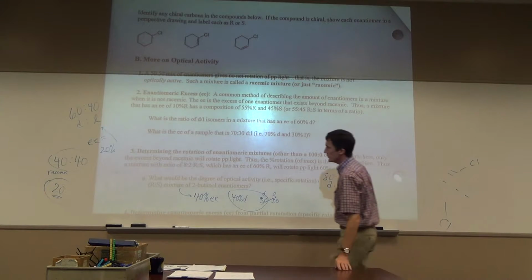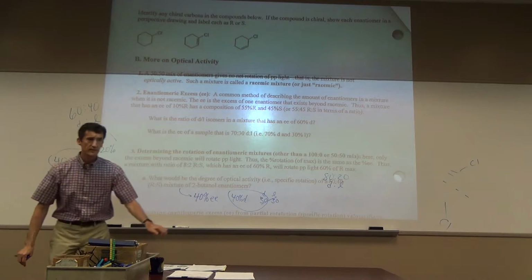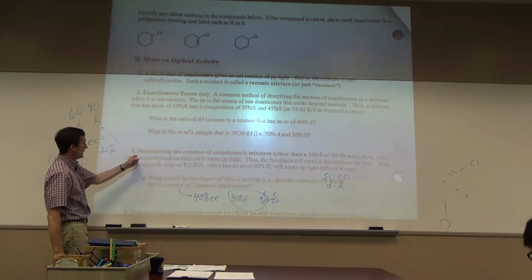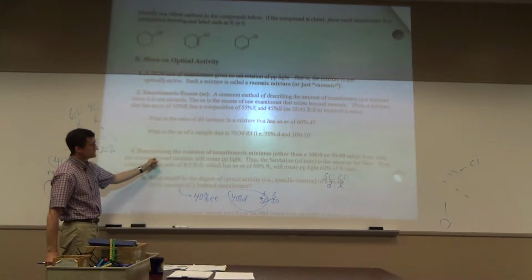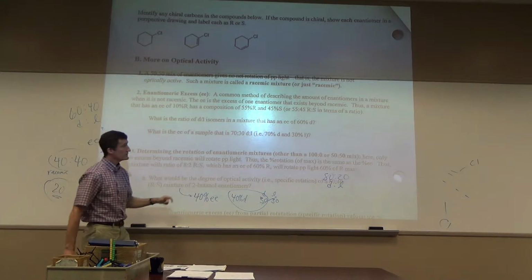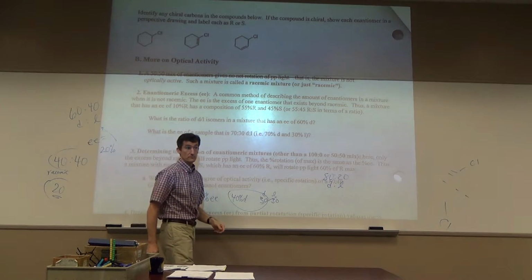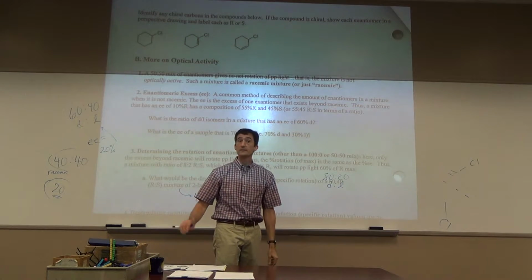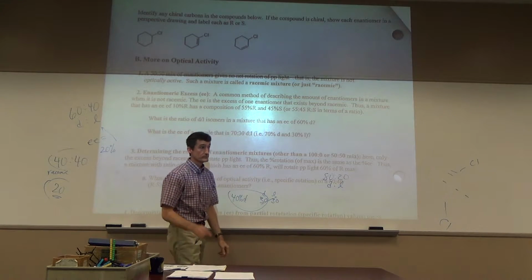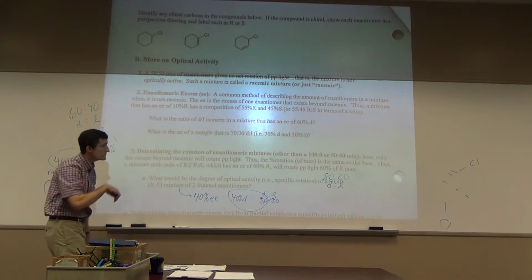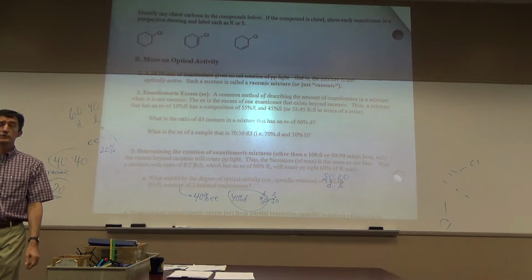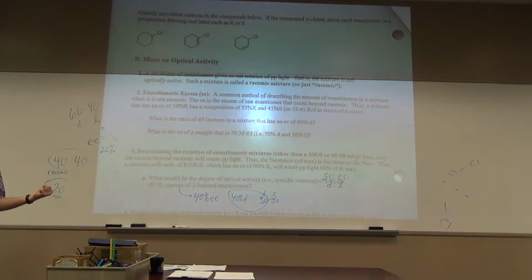Okay, let's look at it another way. Let's bring in optical activity. That is, how might I know that I have a 70-30 DL? Well, optical activity can tell you that. You'd first need to know what the absolute value is for a pure enantiomer.